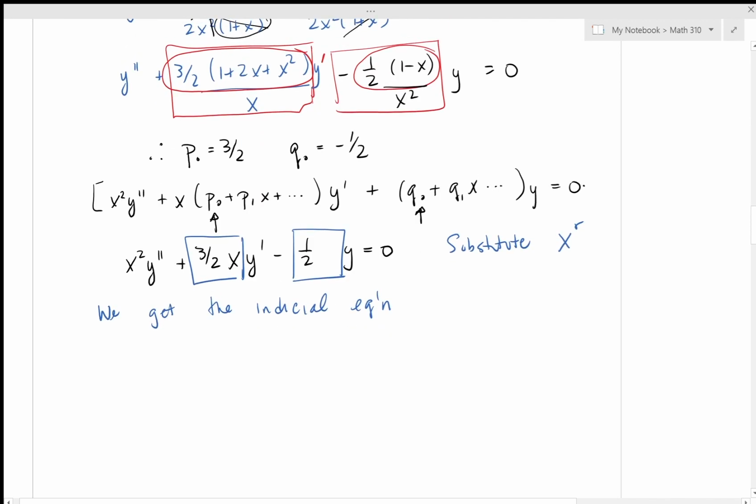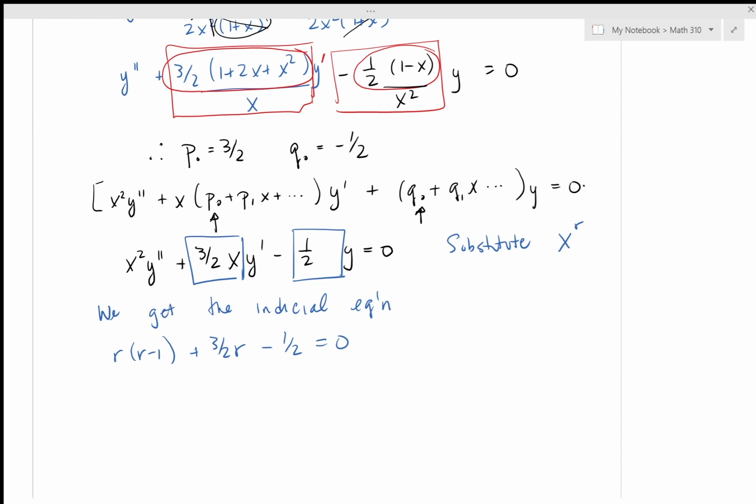Here it is: r times r minus 1 comes from the second derivative, then 3/2 r comes from the first derivative, and the 1/2 comes from the function. So we get an equation that we can solve for r.